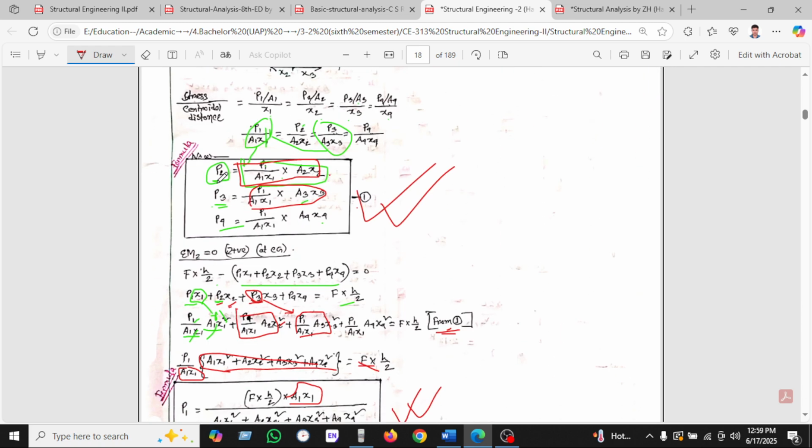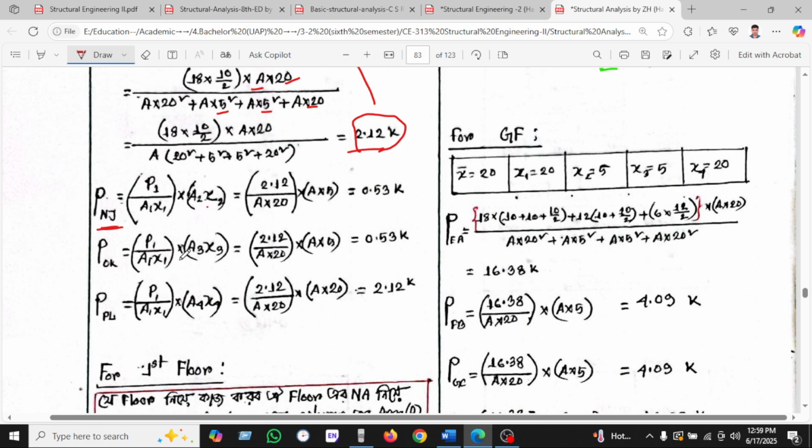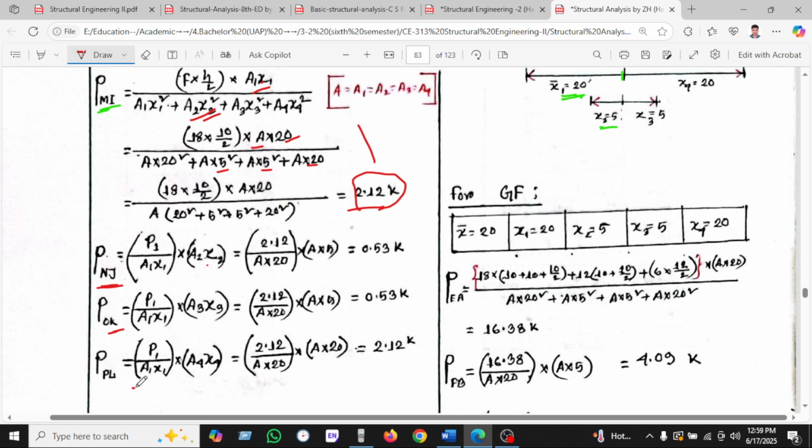Remember that for all the members we are taking P1 divided by A1 X1, A2 X2, A3 X3, A4 X4, but the first portion will remain the same. That's why we take P1 A1 here, and for another, this portion P1 A1 also, and the last one P1 A1, so this portion remains the same.